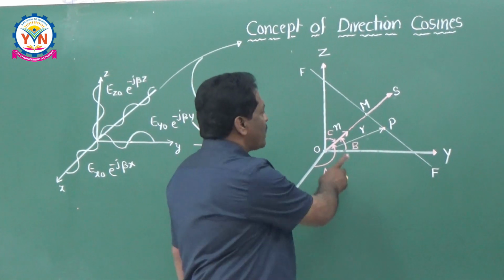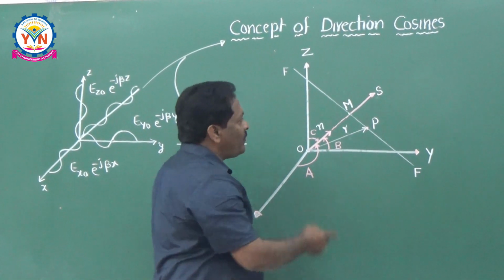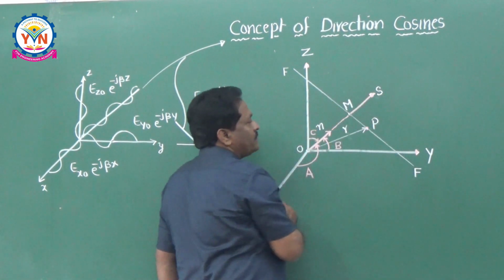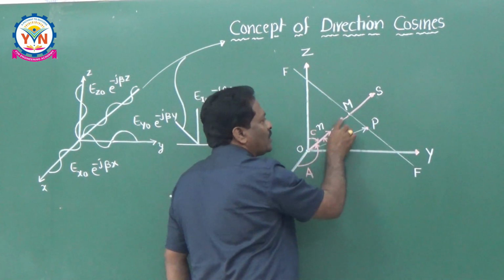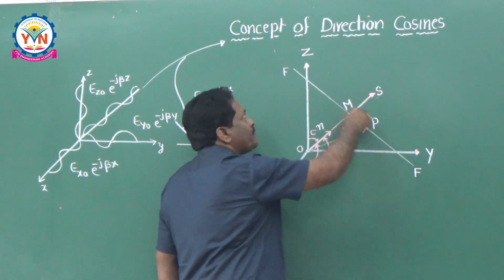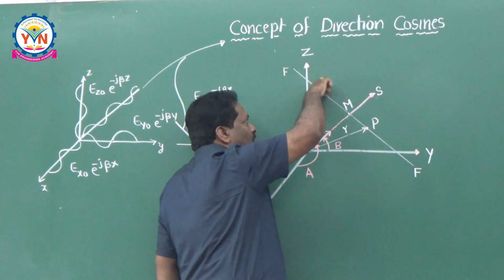Now let us see this figure. In this figure, I am assuming the wave is propagating in an arbitrary direction, like this. And this plane is nothing but a constant phase.